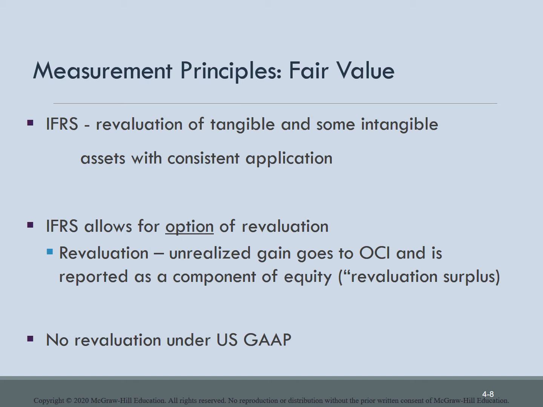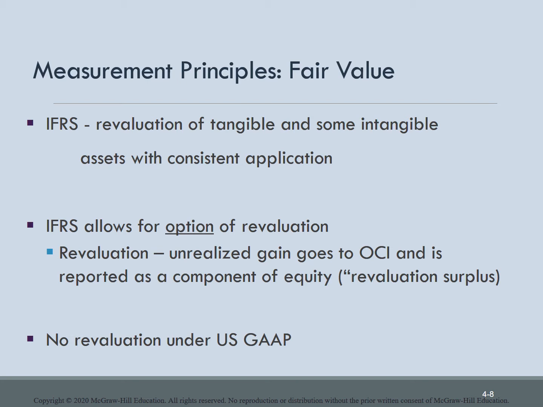So we know that, for example, if we had an available for sale debt security and we recorded an unrealized holding gain or loss on that under GAAP, it would go to OCI and be reported as a component of equity in accumulated OCI.